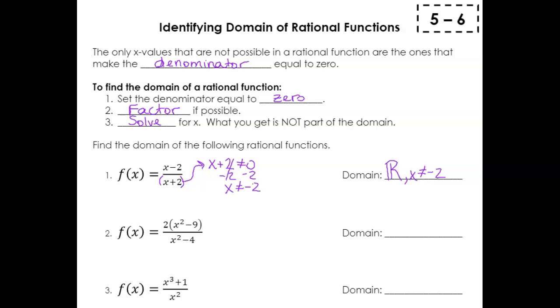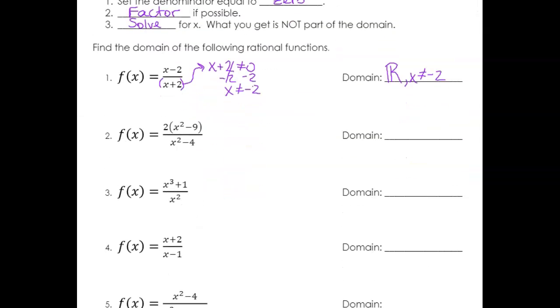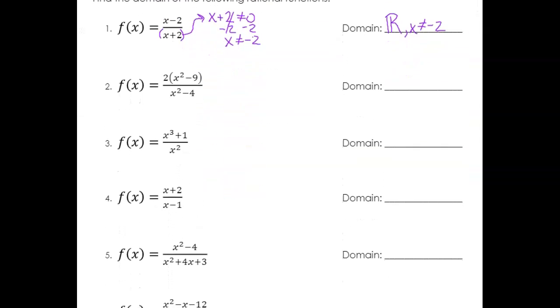Number 2. I have 2 over x squared minus 4, times x squared minus 9 over x squared minus 4. So x squared minus 4 is my denominator. I notice that that's a difference of two squares, so I can make that x plus 2 times x minus 2.